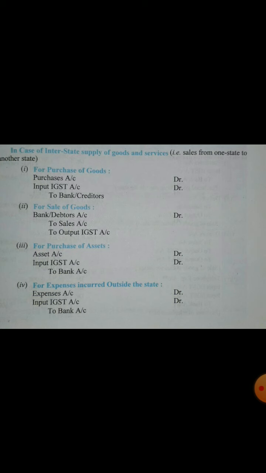Now I think you have understood. That means combining both the taxes, you put the amount here and there is no difference. So the total Input IGST account will be debited. For expenses, it will be Expenses account debit, Input IGST account debit, to Bank account.